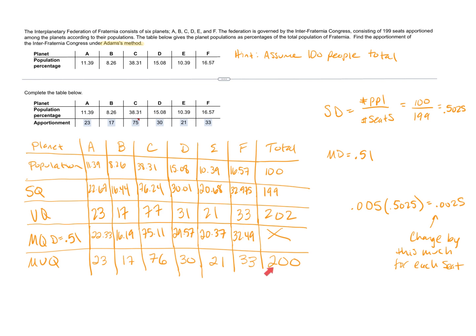So I still have 1 seat too many. I'm supposed to give out 199 seats, and I've given out 200. So I'm going to repeat this process again. I get a new modified quota, so I need a new divisor. This is an iterative trial and error process. It's completely normal to have to do this a few times until you find a divisor that works.